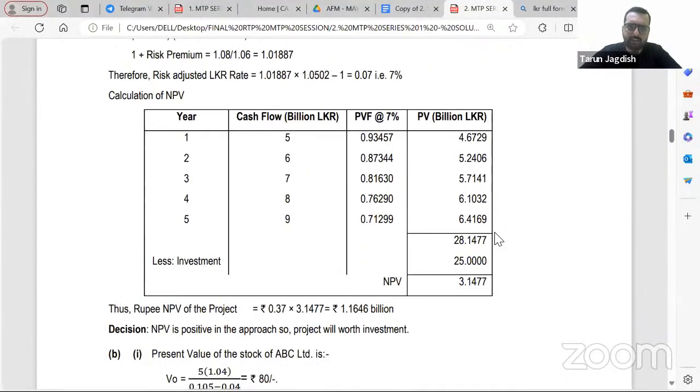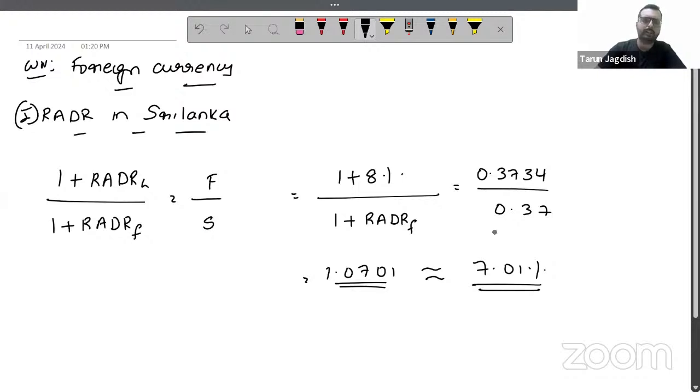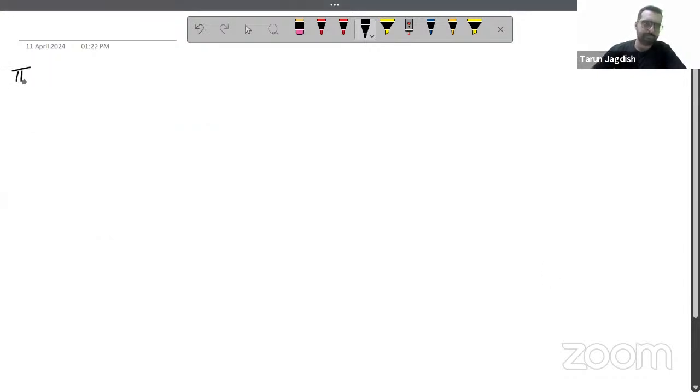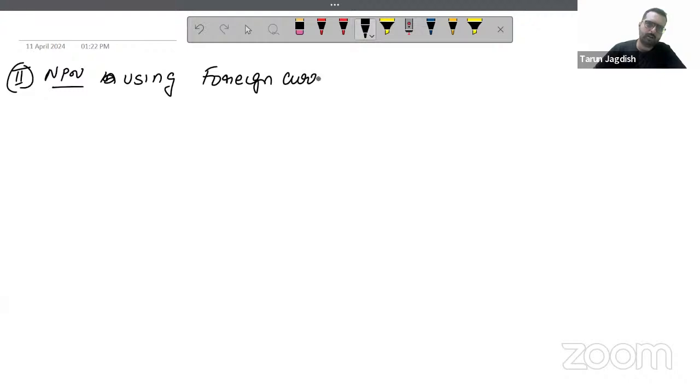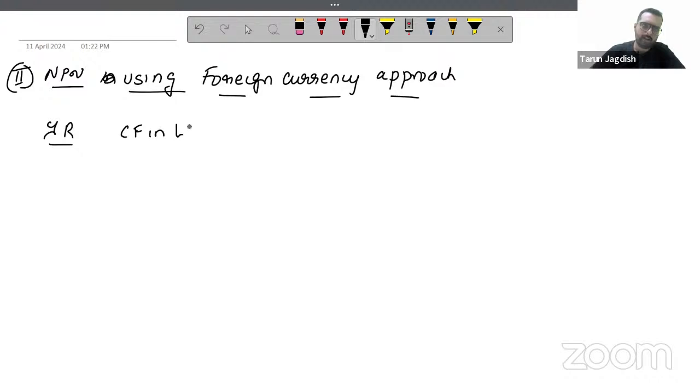So once you get this, then we need to just work out the final NPV. NPV using what approach now? Foreign currency approach. Okay, here I'll write down here. Cash flow in LKR. Discount factor at 7%, discounted cash flow.